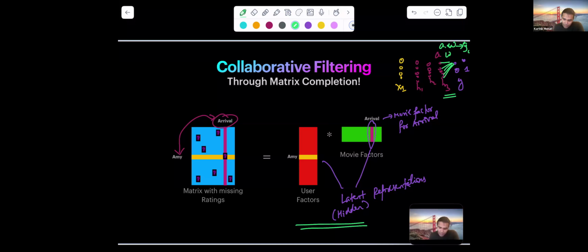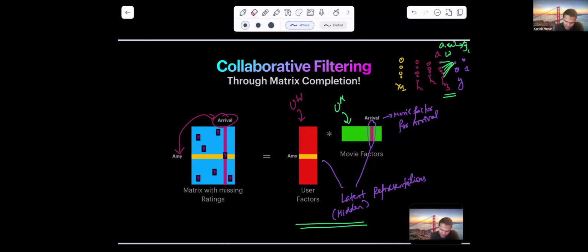But you can also think of these as weight matrices. So this is UW, and this is UM. What is UW and UM? Oh, sorry, I think I got it wrong. Let's do it. So I would say maybe it's WU and WM.